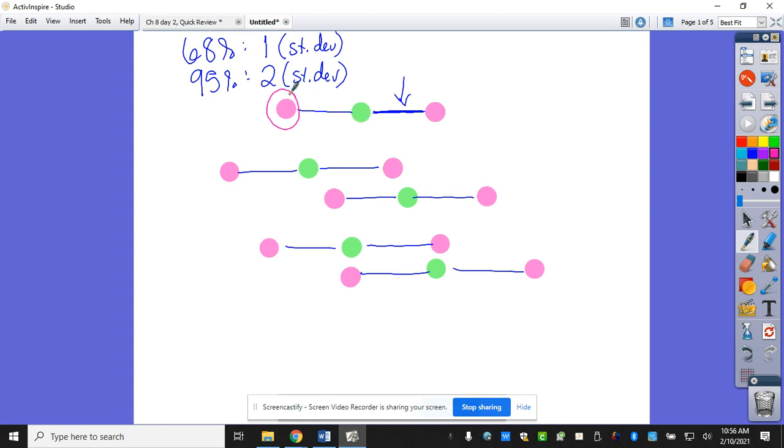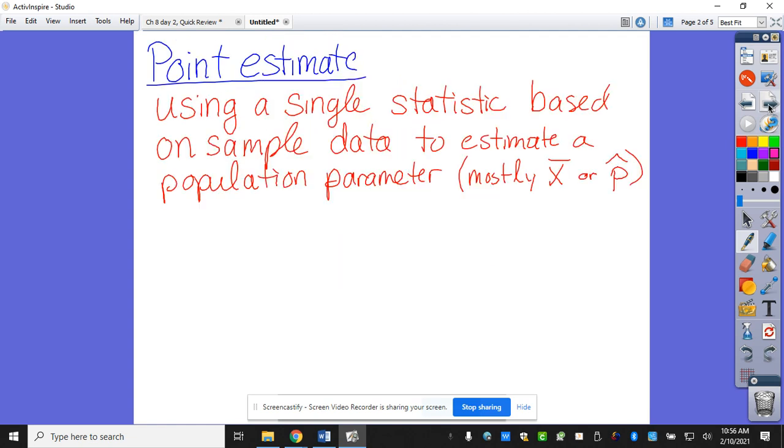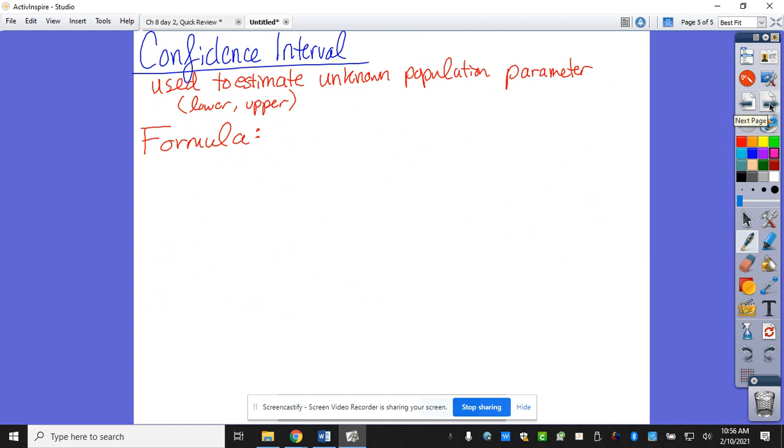What is this called? Margin of error. If I want to go that way, I do what? If I want to go that way, I do what? Subtract. So that's the generic equation we're writing to start with. It is your point estimate plus or minus margin of error.